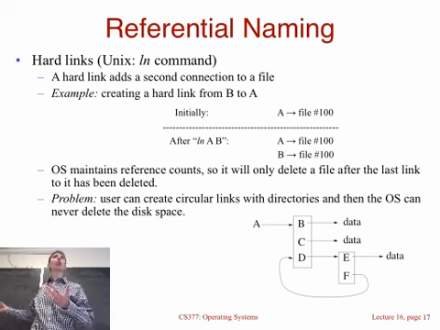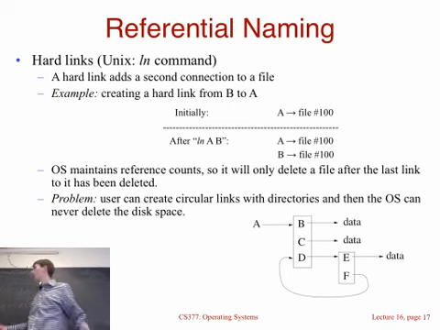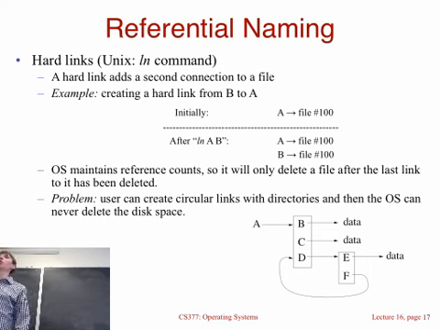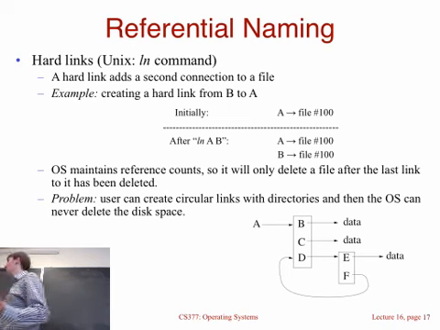And remember, this is basically getting around the issue we said of making it easy to share files, right? Because now I basically have a file that is essentially traversing the tree structure. So this is actually no longer a tree when we introduce hard links. It's now what we basically call a directed acyclic graph.